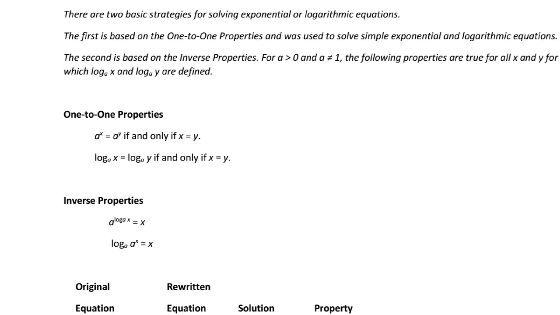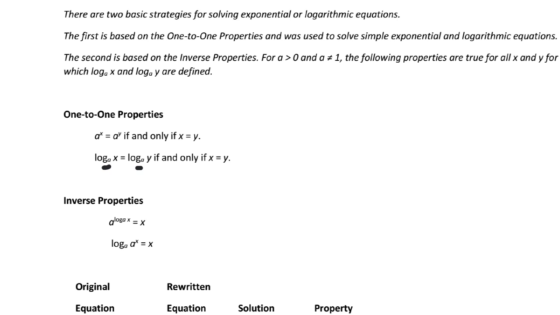So as long as you have the same bases, then you can set your exponents equal to each other. And the same with logarithms, as long as you have the same base, you can set what's inside equal.